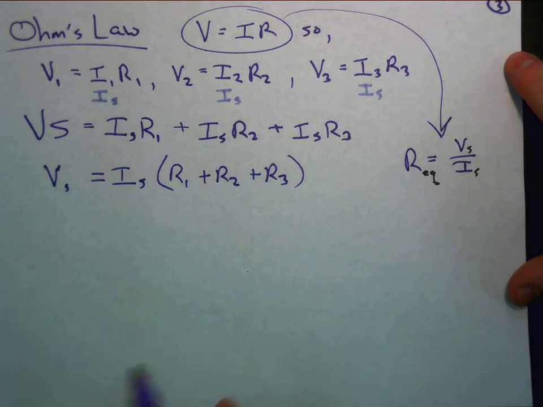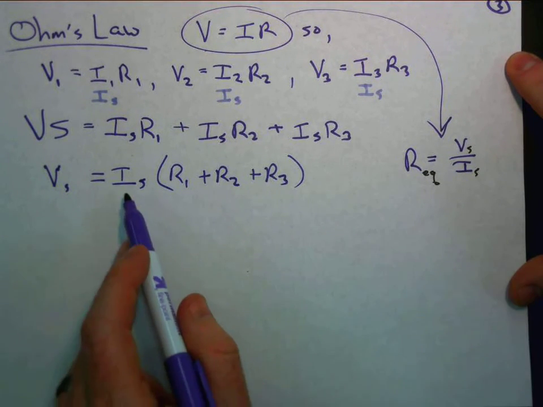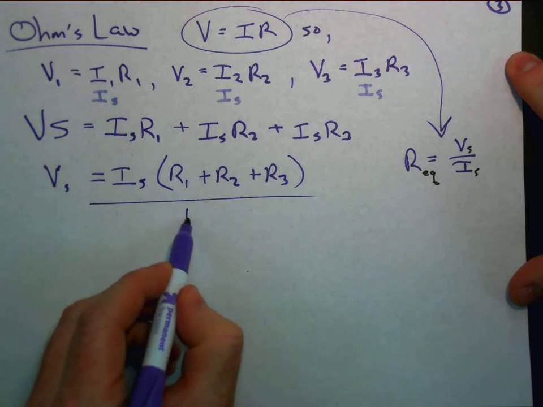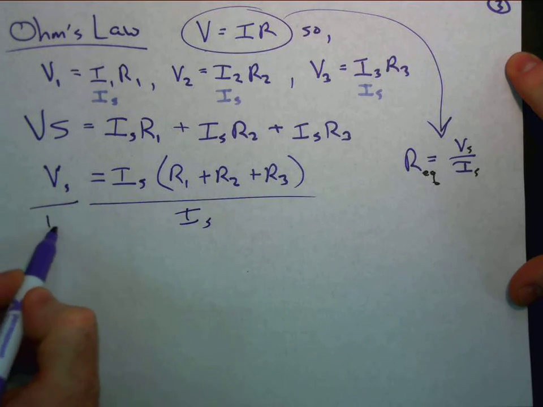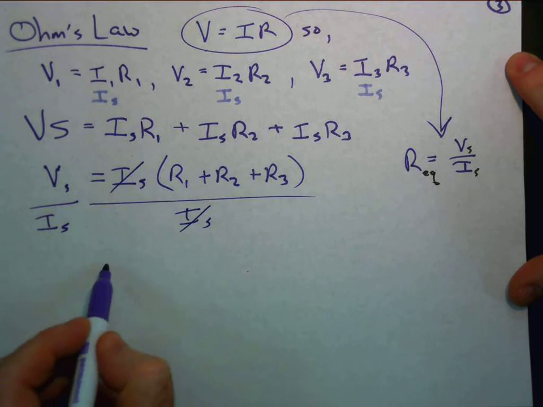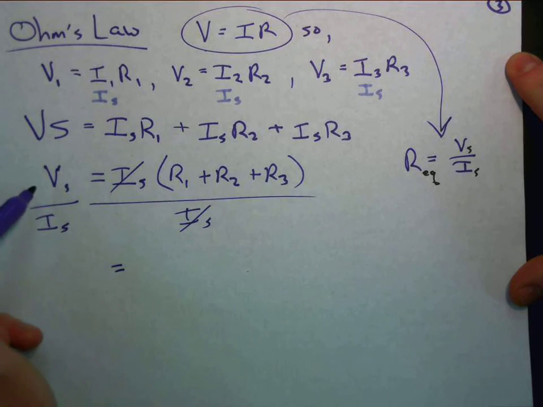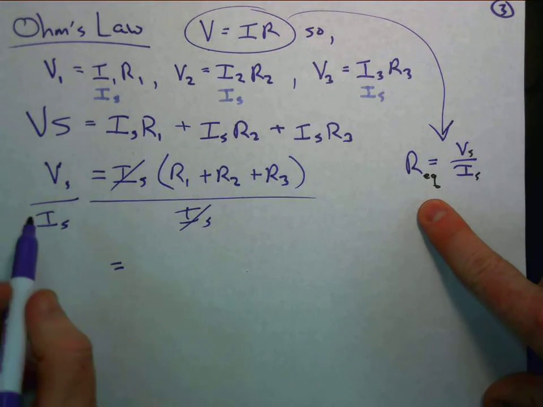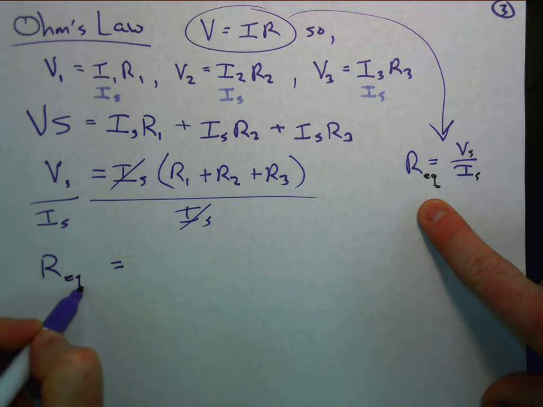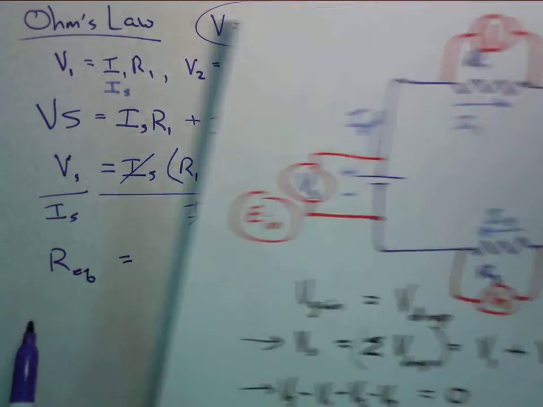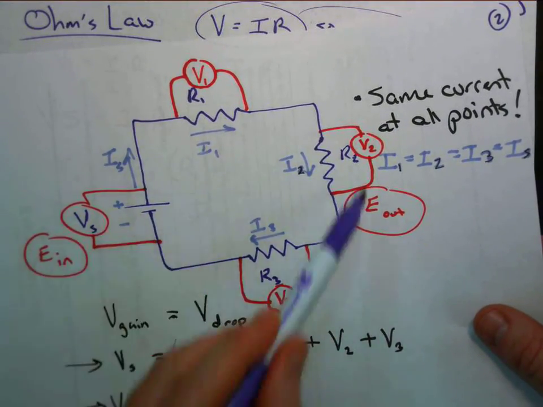And all I have to do to get this is divide both sides here by IS. And so here, cancel, cancel, and on this side, look, this is voltage source divided by current to the source, but that is equal to my equivalent resistance. Equivalent resistance is basically the resistance of the entire circuit, all of these combined.